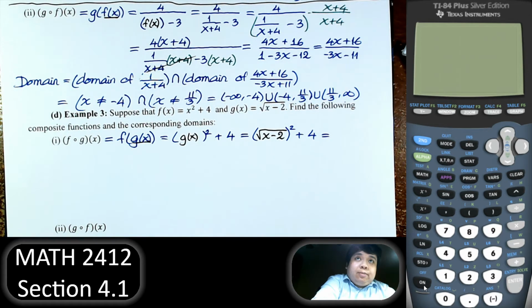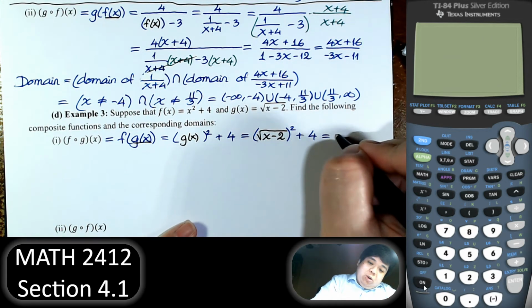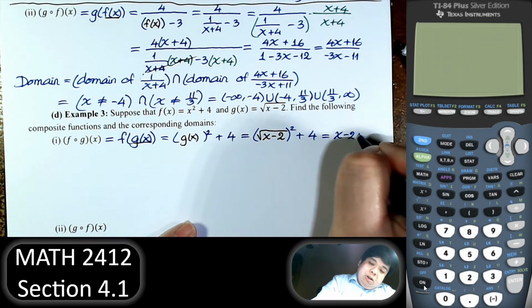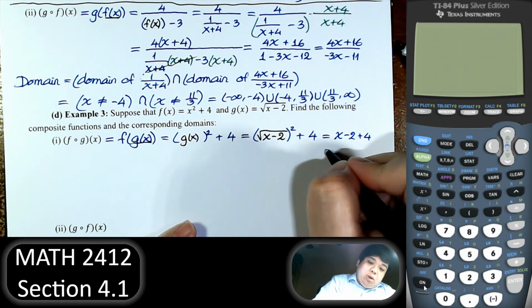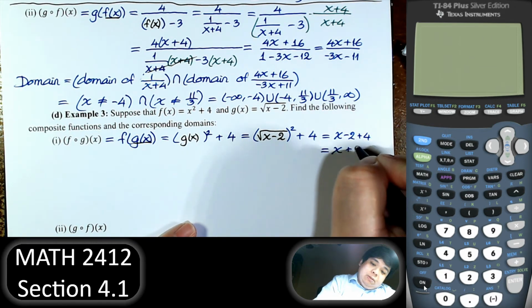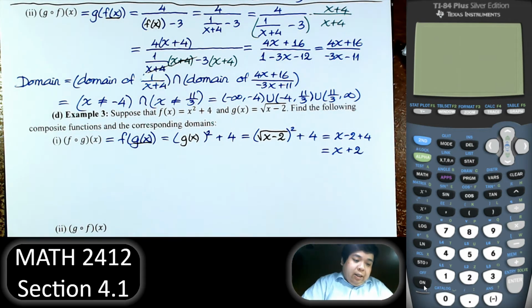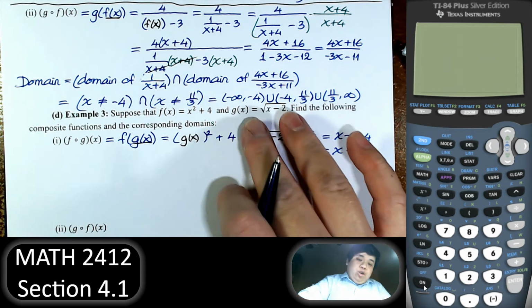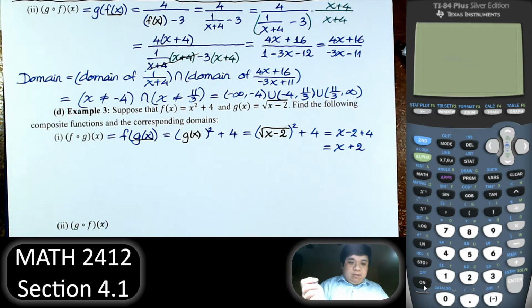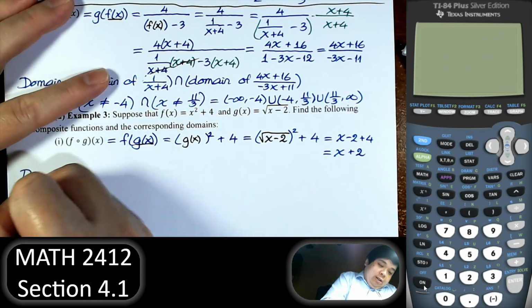The square cancels the square root. We have x minus 2 plus 4. So that's just x plus 2, right? Yeah, so that's f of g of x. Put g of x into that. So simple enough.